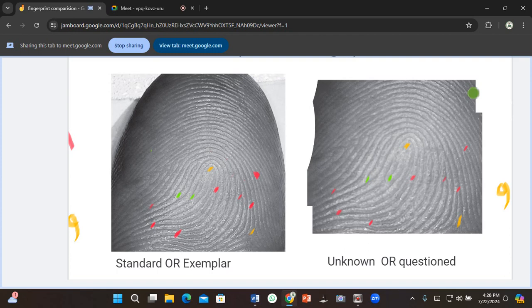That is when perhaps one of them, maybe the unknown, doesn't have enough detail to be compared with the standard. In that case, your result is going to be inconclusive. Or perhaps the fingerprints are on a document, and what they brought to you is a photocopy of a photocopy, maybe some generations of photocopy, and the ridges are no more showing.